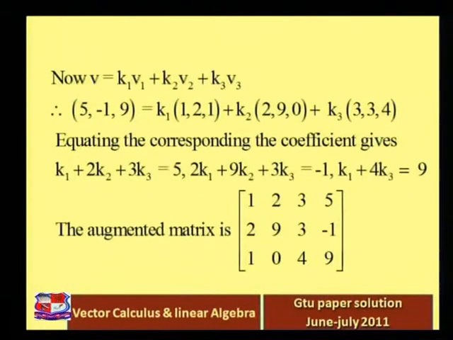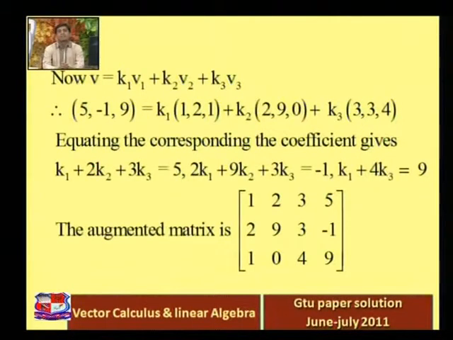So V is equal to k1 v1 plus k2 v2 plus k3 v3. So (5, -1, 9) is equal to k1 into v1, that is (1, 2, 1), plus k2 into v2, that is (2, 9, 0), plus k3 into v3, that is (3, 3, 4). Equating the corresponding coefficients gives k1 plus 2k2 plus 3k3 equal to 5, 2k1 plus 9k2 plus 3k3 equal to minus 1, and k1 plus 0 into k2 plus 4k3 equal to 9.